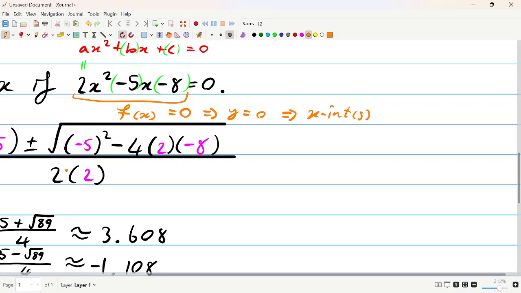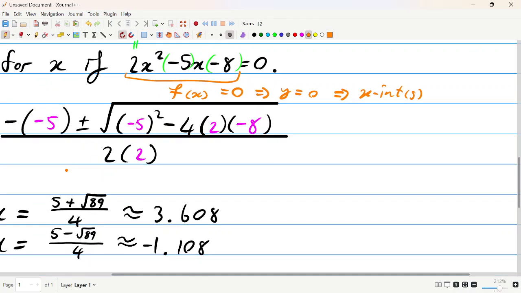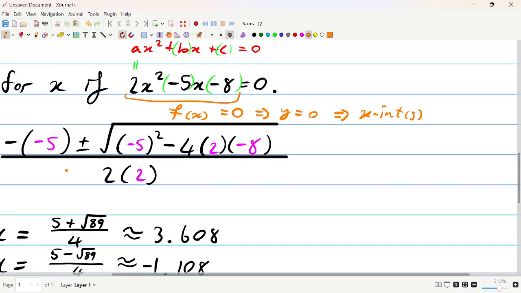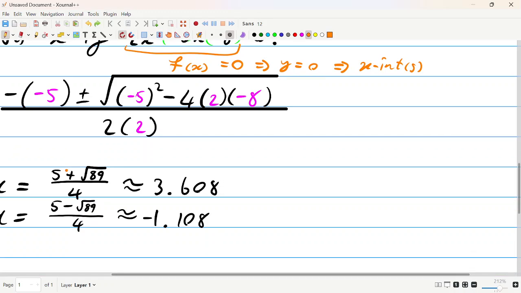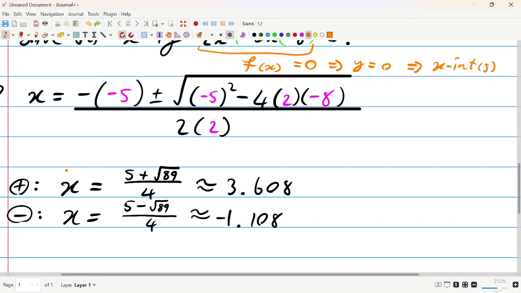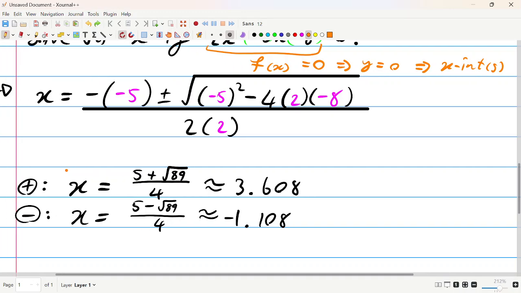So the application, I know I don't have to say this, but I'm going to say it anyway: letting a trinomial be equal to 0 is the same as saying a function is equal to 0, when you say y is equal to 0 to find the x-intercepts. So what did we just find? We found the roots of the function, which are the x-intercepts. So when we go into the nature of roots and everything, you'll now at least have a better understanding of what you're trying to find.